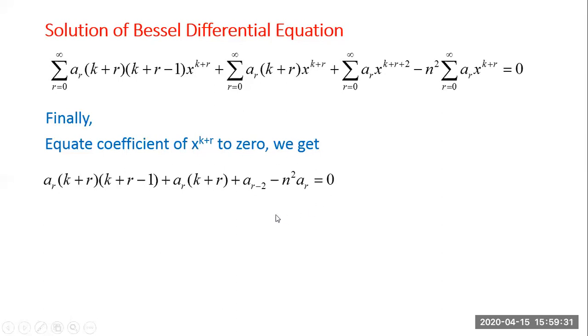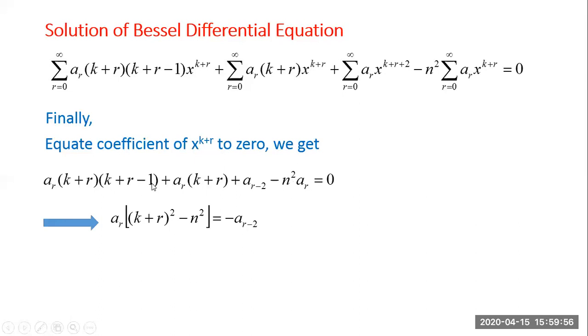Now let us simplify this. From the first, second and last term, ar is common, and we take ar minus 2 to the right hand side. So we get ar times (k plus r)(k plus r minus 1) plus (k plus r) minus n square. In the first two terms, k plus r is common.